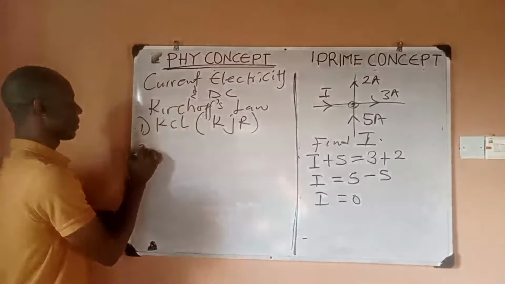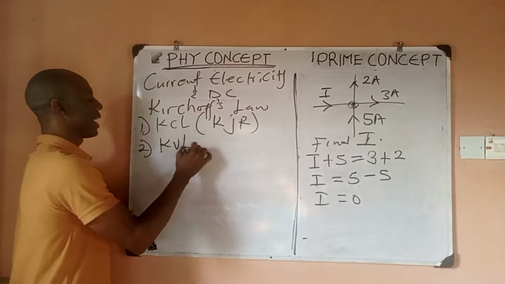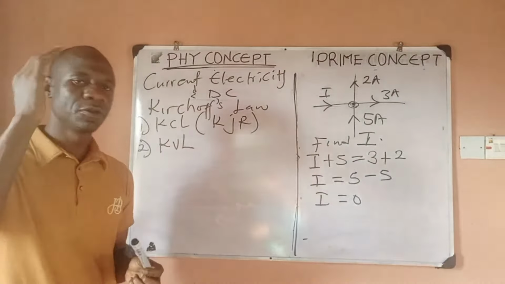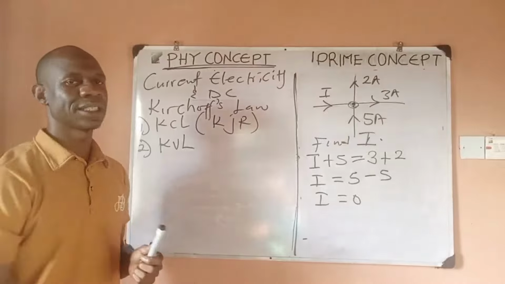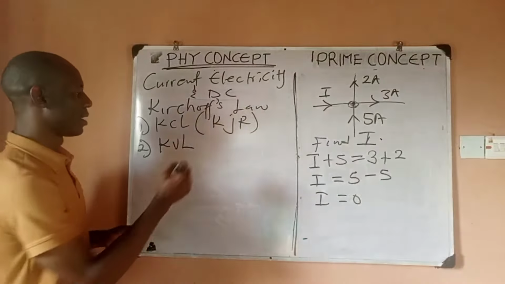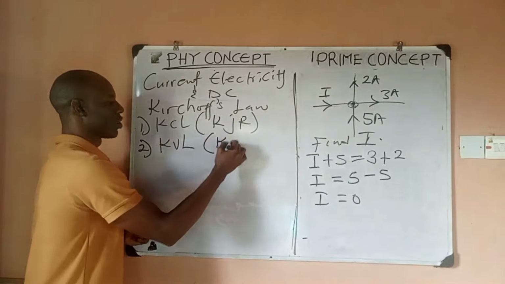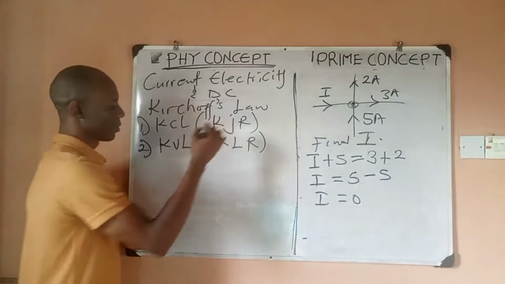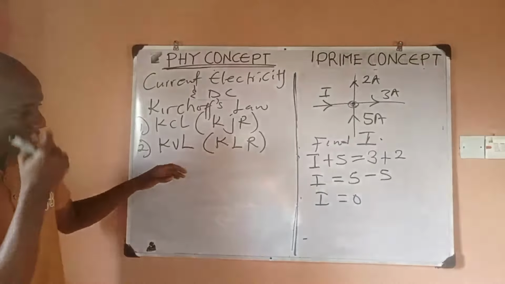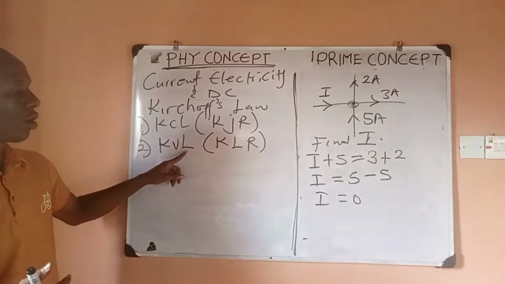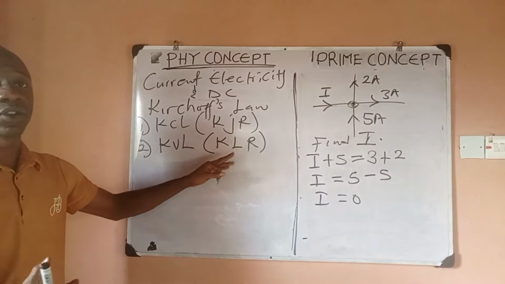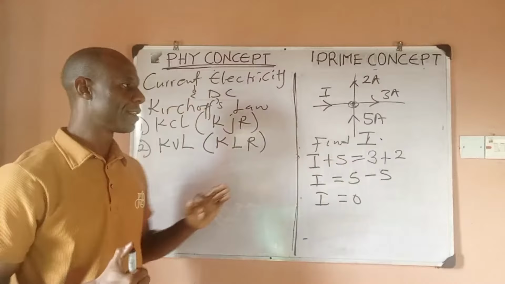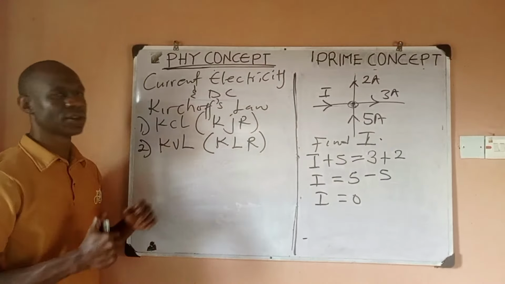Number 2 is KVL, Kirchhoff's voltage rule, which you can also call Kirchhoff's loop rule. Now, what does KVL say?